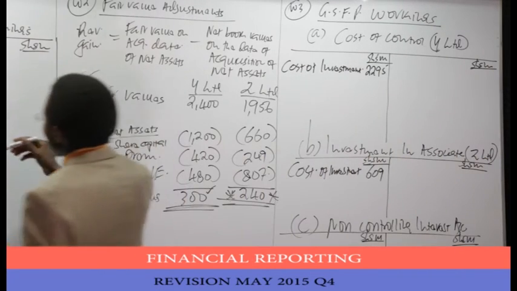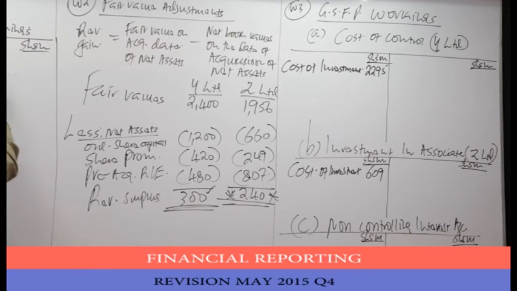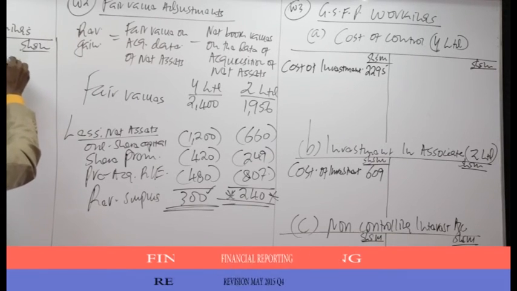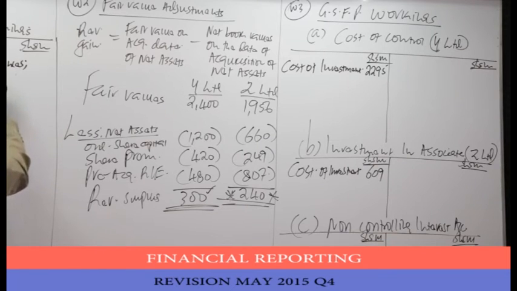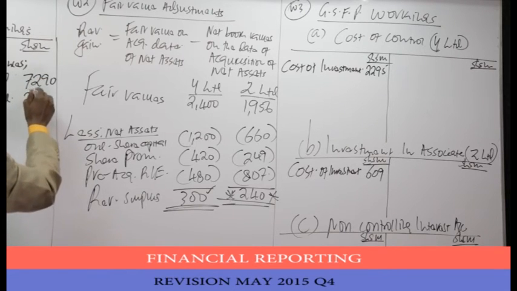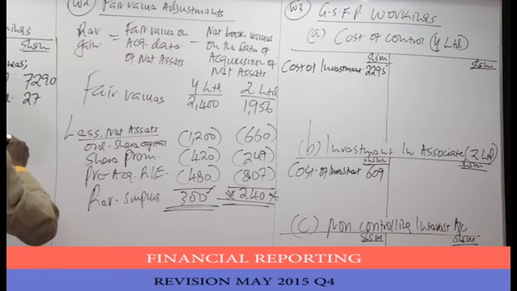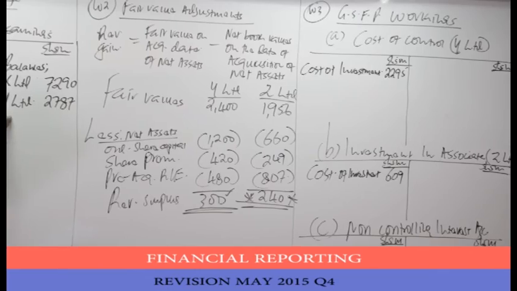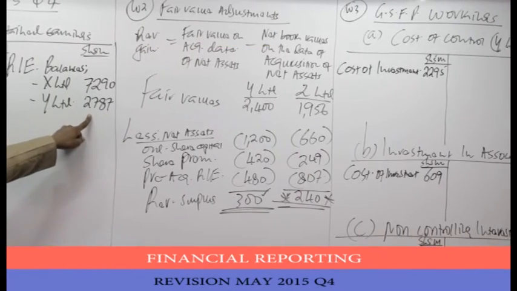The balances, the retained earnings for X Limited and Y Limited. For X Limited, the retained earnings are 72.90, and for Y, 27.87. For Z, we are going to talk about the post-acquisition.